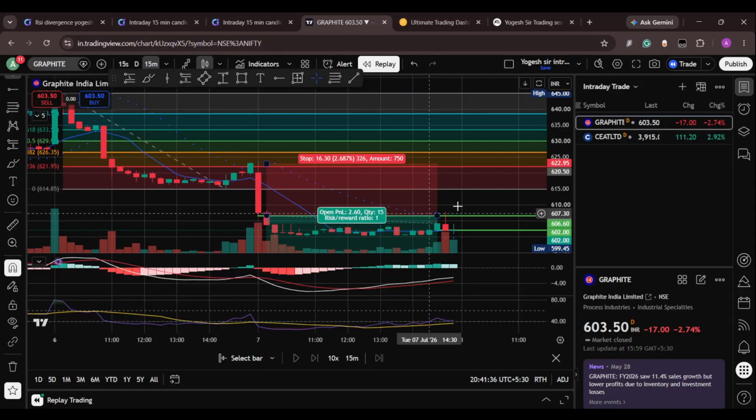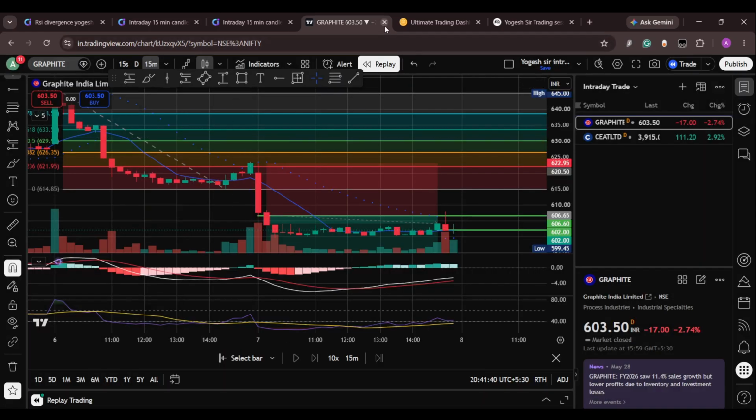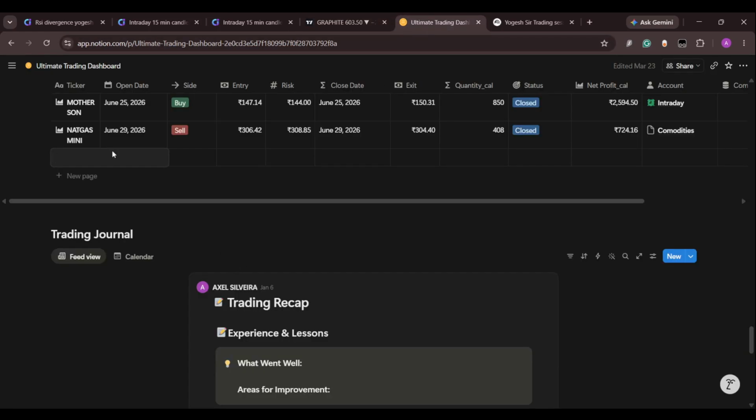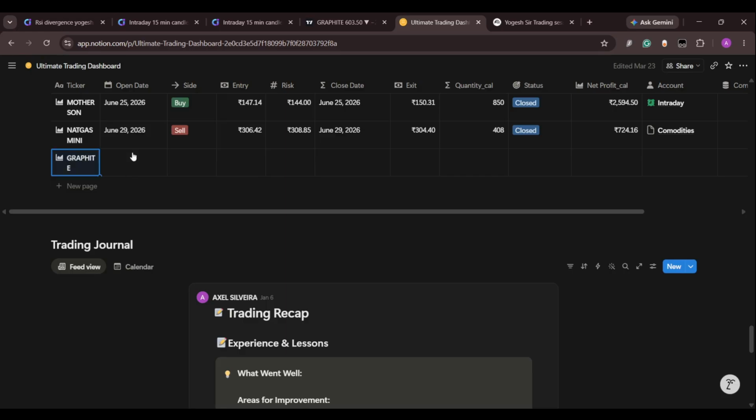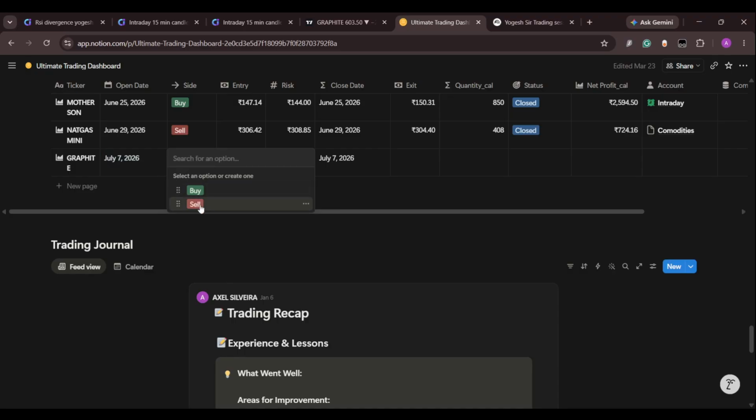So my entry is at Graphite India. I took a trade today. Graphite India was a sell trade.